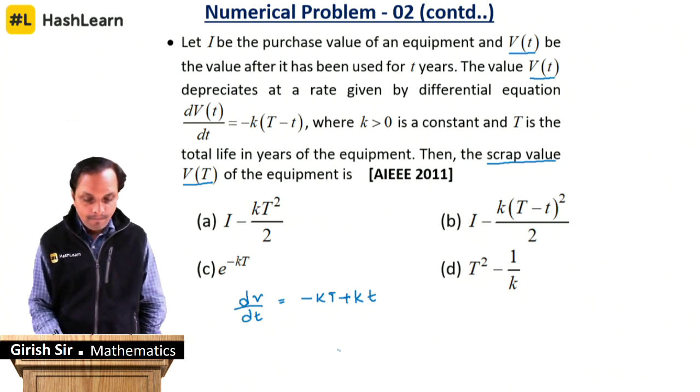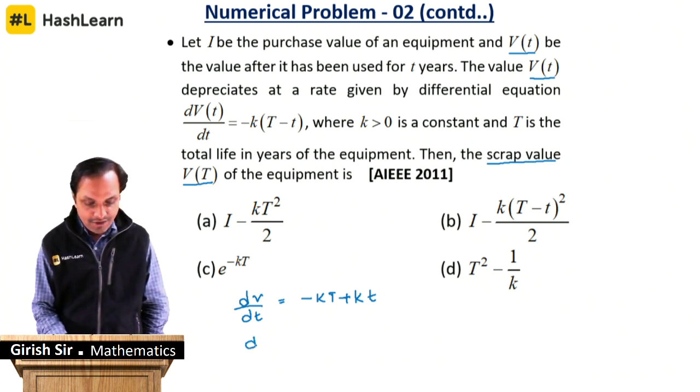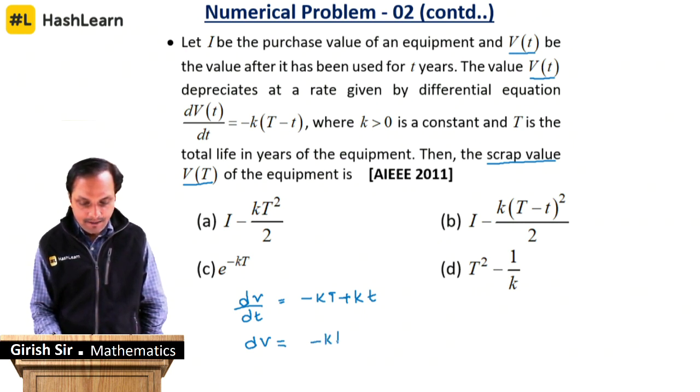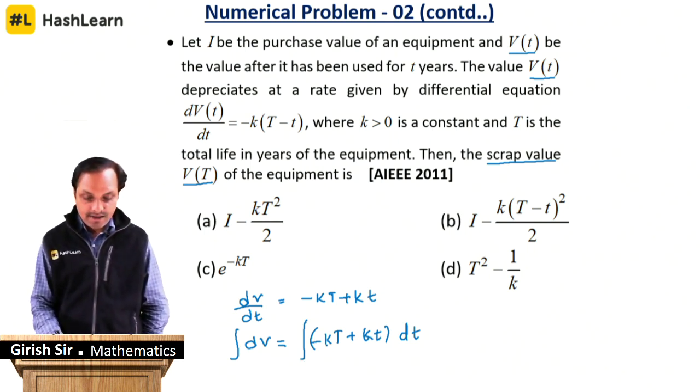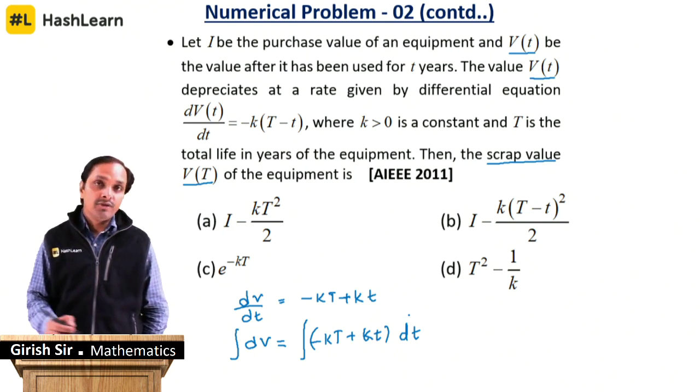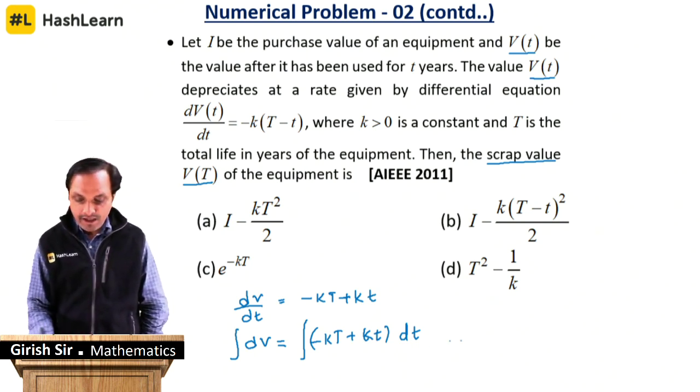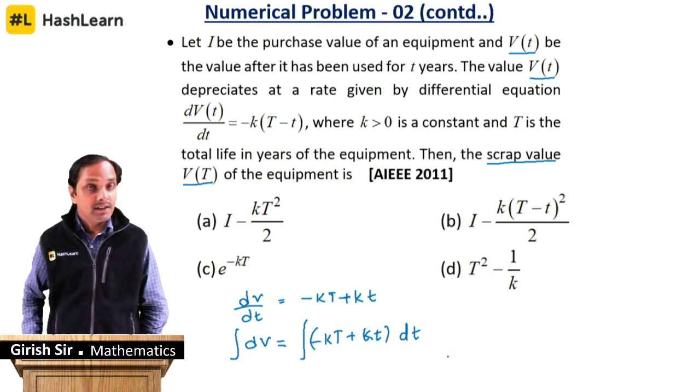चलो, so let us do the separation. यहाँ पे dv है और माइनस k इंटू कैपिटल T प्लस स्मॉल k इंटू स्मॉल t इंटू dt. तो हमारा v dv है, यहाँ पे इंटीग्रेट करेंगे. We shall integrate dv is equal to integrate minus k times T plus kt with respect to t. If we integrate this, I will take the next slide.